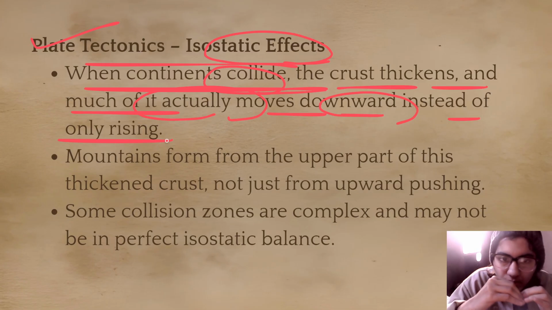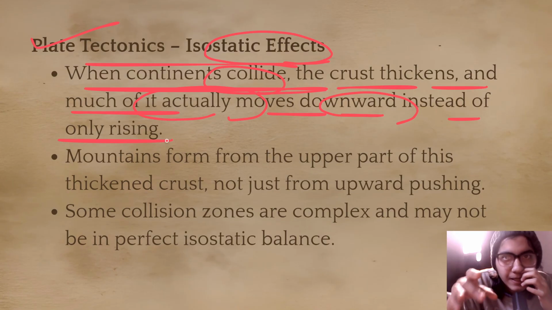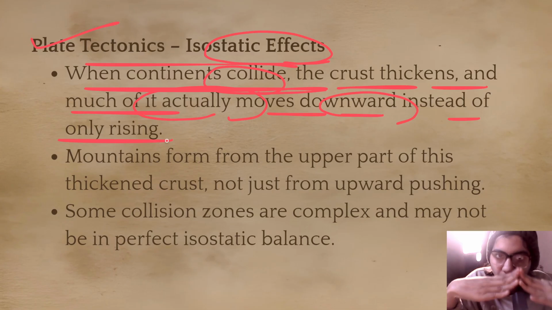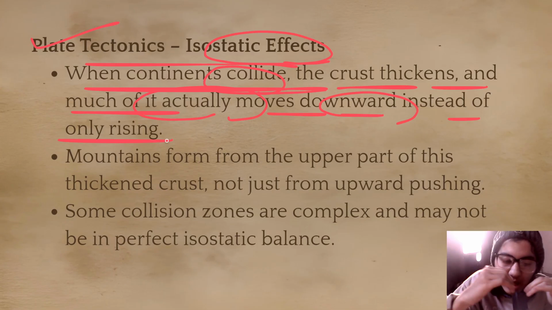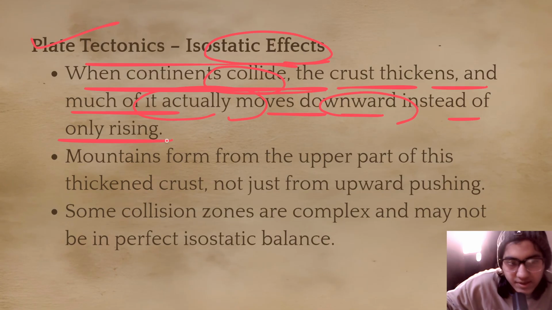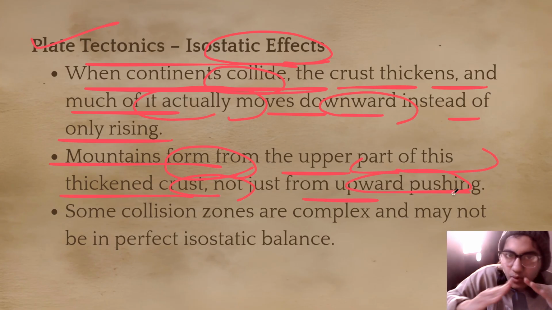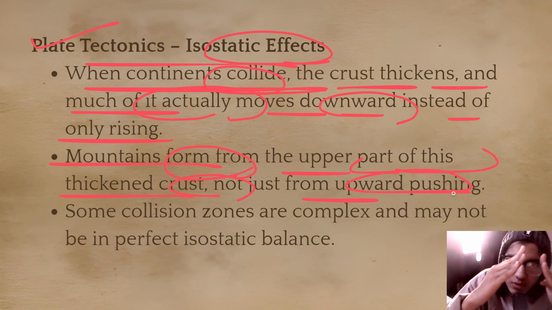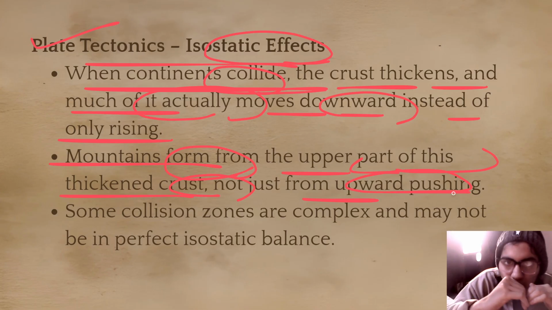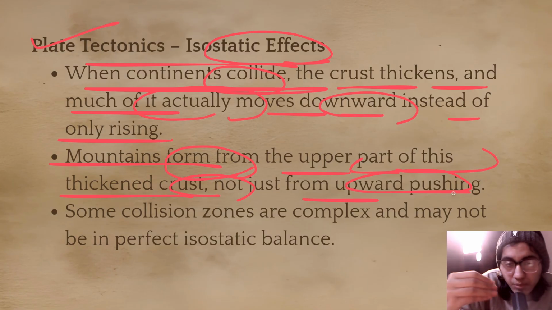So this line says that not only does the rising happen, but at the same time the downward movement also happens. Mountains form from the upper parts of this thickened crust, not just from the upward pushing. Mountains of course form, and they also form from this downward pushing. Why? Because we know that mountains have deep roots, and because of these deep roots, mountains are able to balance their height.